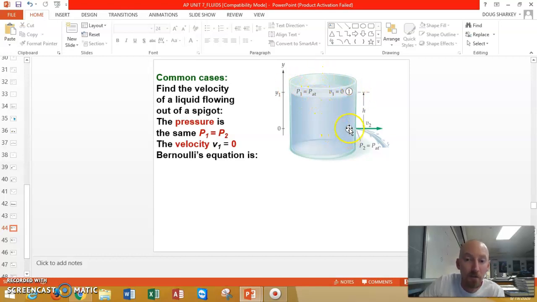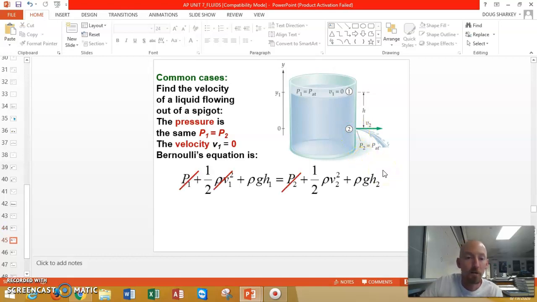And so when this water starts squirting out, this big open part just barely starts to move down. Just barely. You can hardly even tell. So we're going to cheat. We're going to say that this portion right here is going to move with a speed of 0. And so we're going to solve for this speed right here, which we would call V2.